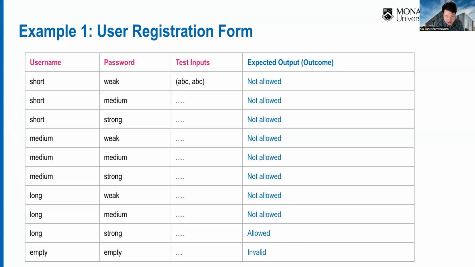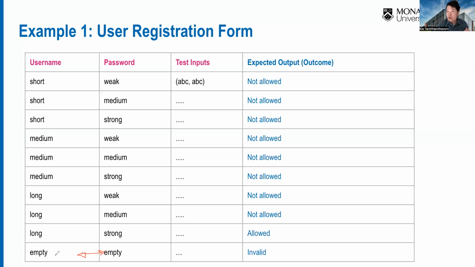Okay, we got a question. Can you clarify again? What does it mean? Empty, weak, empty, and medium. Okay, I understand now. That's the other combination, right? What the student means is that right now we only test empty and empty here.